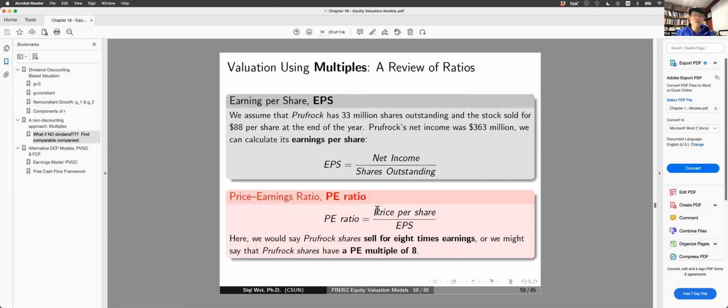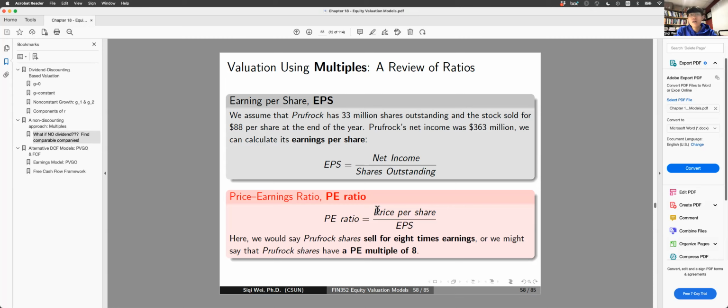Well, one caveat is we cannot just blindly pursue the PE ratio, because if the PE is too high, that might be a problem associated with this kind of representation, right? Just look at the denominator, EPS.